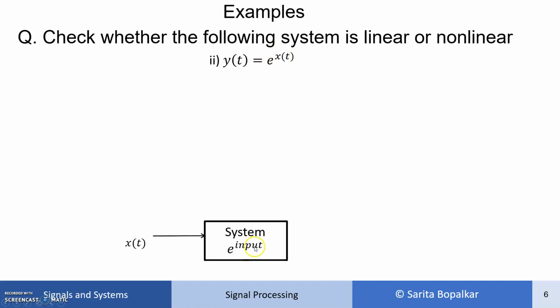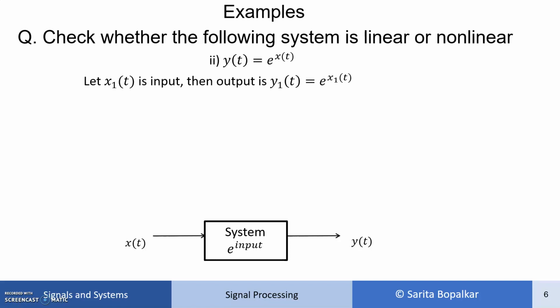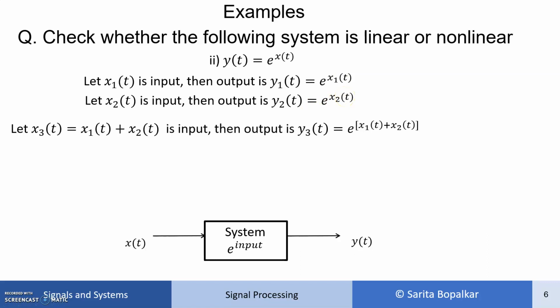Whatever the input, it takes its exponential to get the output. So the output y(t) is e raised to its input. Let x1(t) be the input, the output is e raised to x1(t). x2(t) is the input, the output is e raised to x2(t). Now the input is x1(t) plus x2(t), so the output should be e raised to x1(t) plus x2(t).